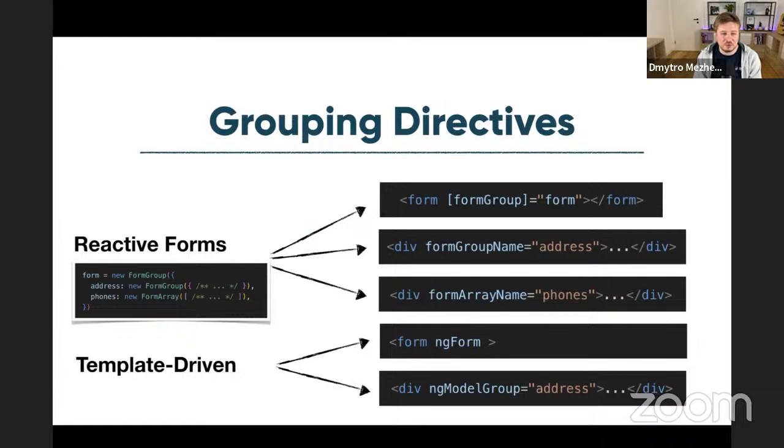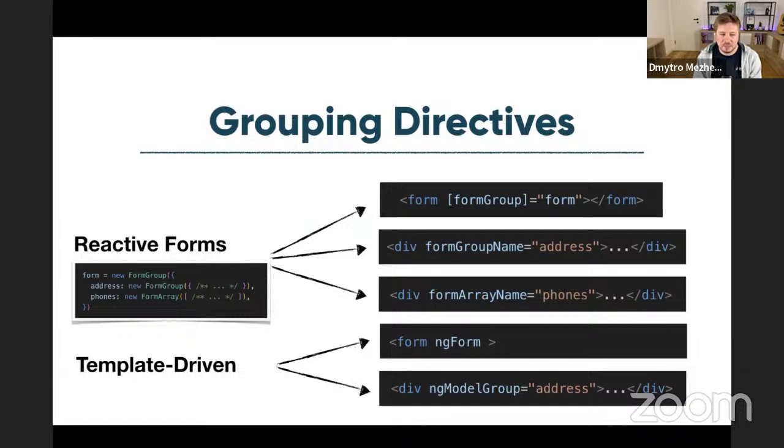For the reactive forms, we have three directives that can help us to map groups. This is the form group directive, the form group name, and form array name. And for the template-driven forms, we have the ng form directive and ng model group.